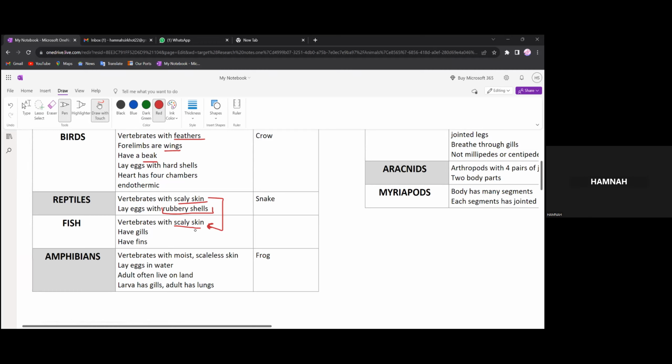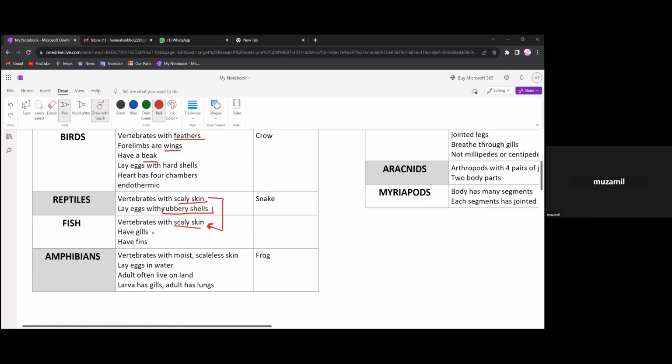Their scales are tinier and easy to just remove. But reptiles have hard scales. The reptilian scales are very hard to break. Imagine a crocodile skin and a fish that you would normally eat. They have much different skins, right?